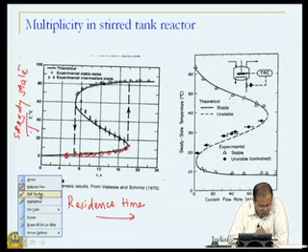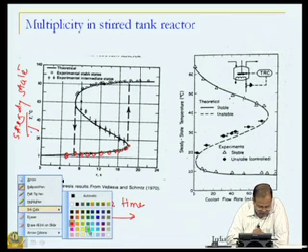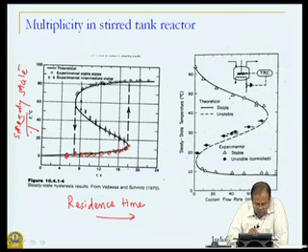But if we increase the residence time beyond what looks like 18 minutes, the temperature suddenly goes to a very high value. So, there is a sudden increase in temperature.